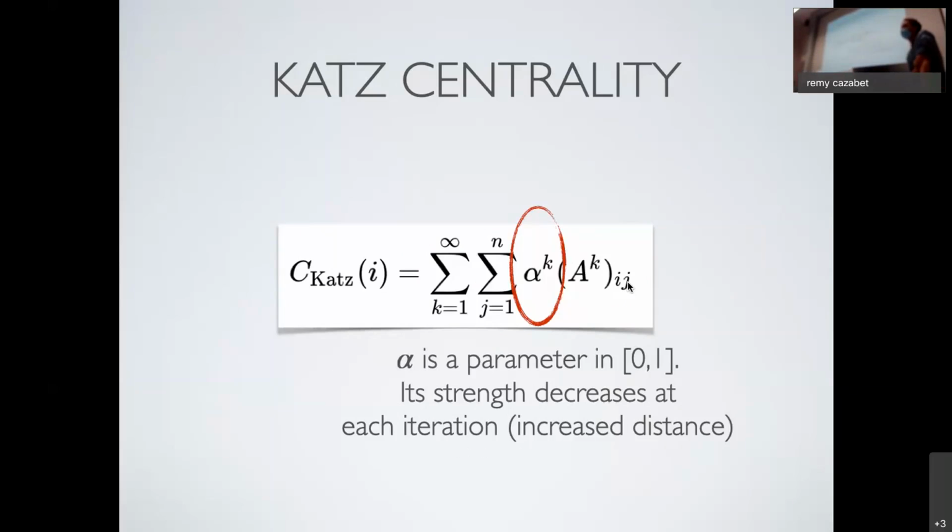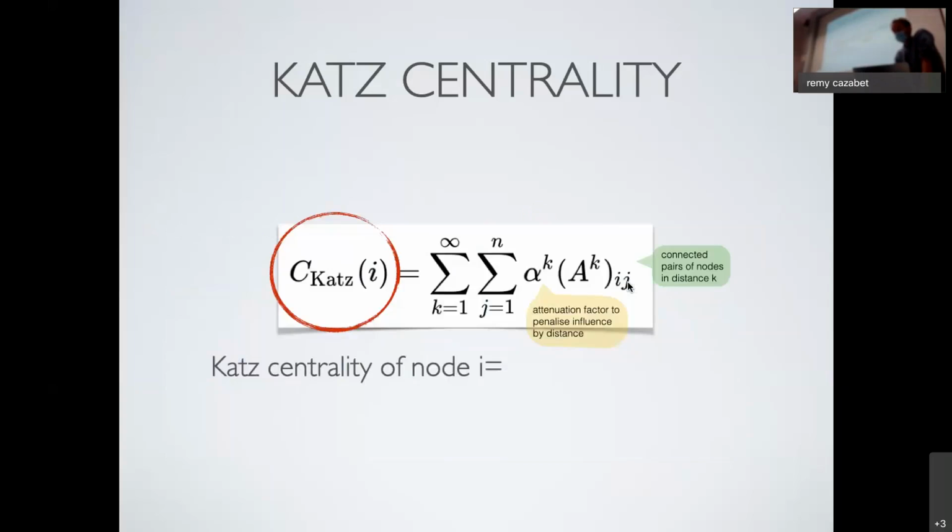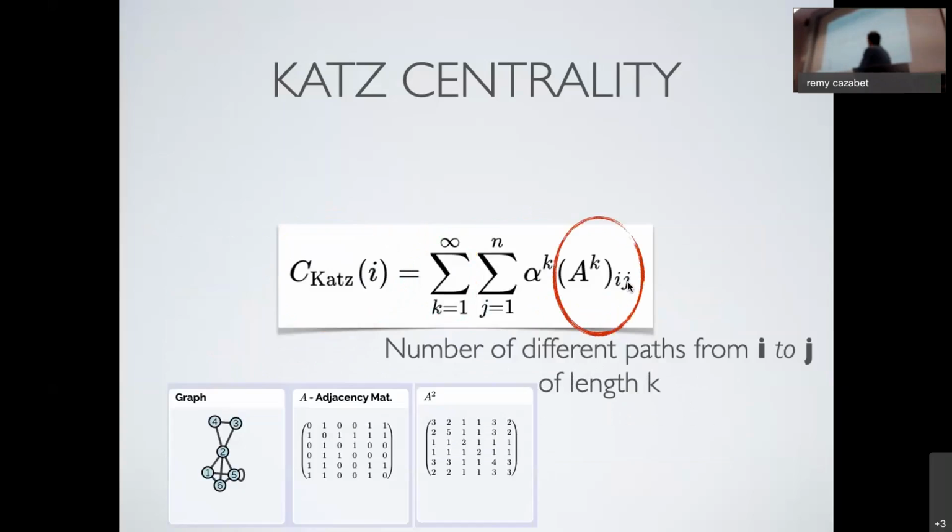Yes? Explain why, when you take the matrix to the power of 2, you get the number of paths. So actually, when you multiply your matrix, you're taking all the links. A row of the matrix corresponds to all the nodes you're connected to, so it's actually your neighborhood. And when you take the column, you're counting how many neighbors, for instance, this is for node 1. It's connected to 3 nodes, this one, and this one.